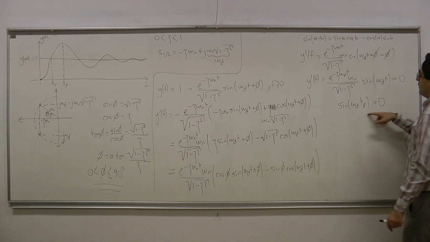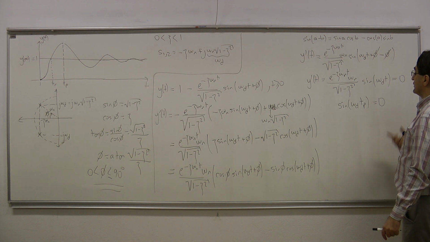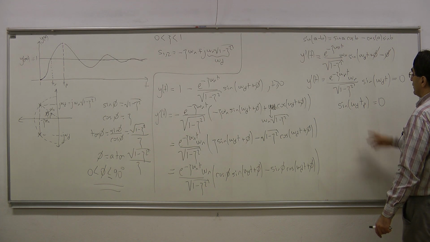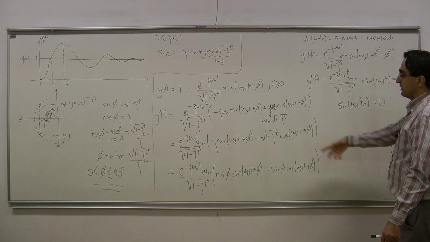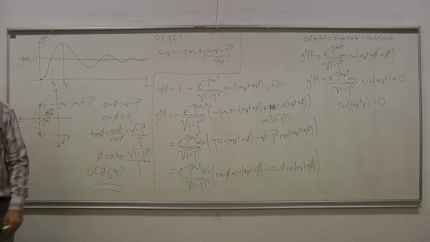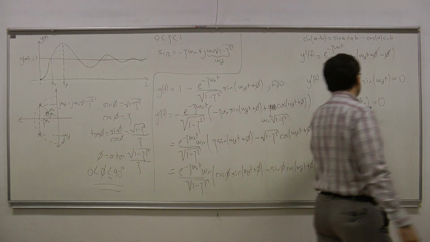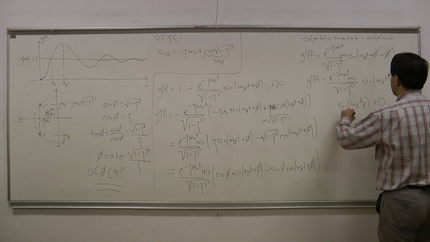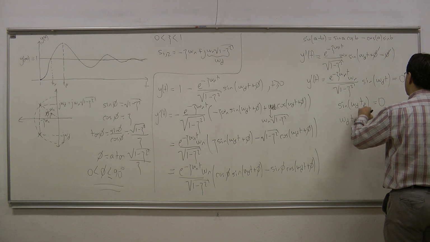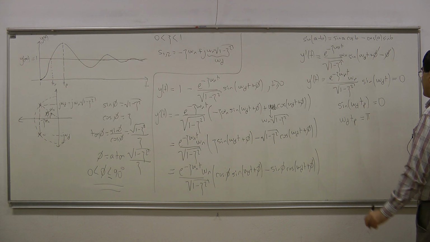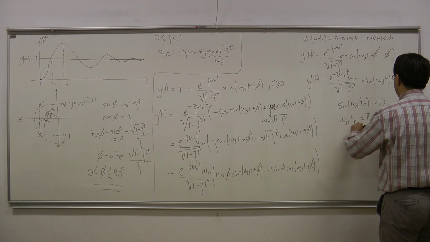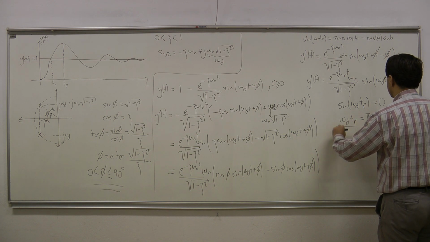So when is the sine function equal to 0? What is the angle that I need to have? This is going to be the same angle that we used in the rise time definition, and in this case this angle should be equal to pi, and that is the first time that this equation is satisfied at a local maximum. So omega d Tp is equal to pi, and then I can extract Tp from this equation as pi over omega d.